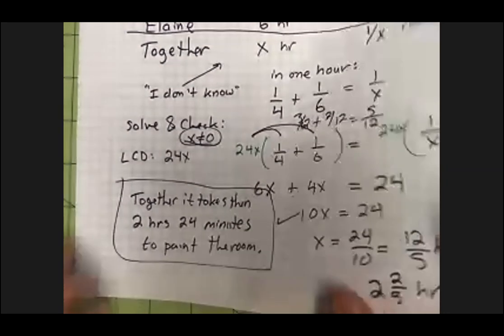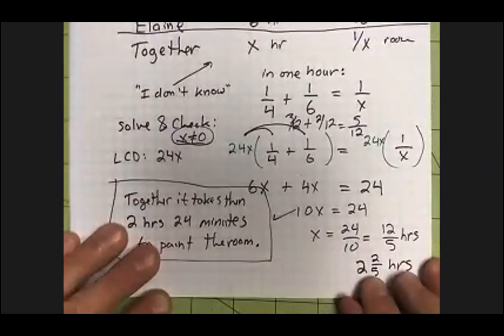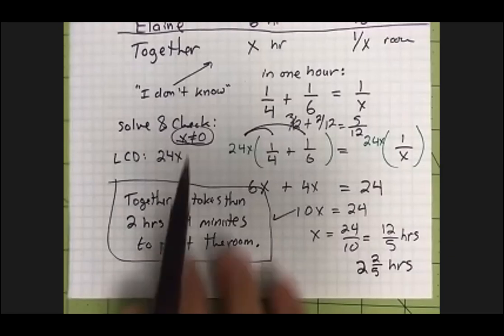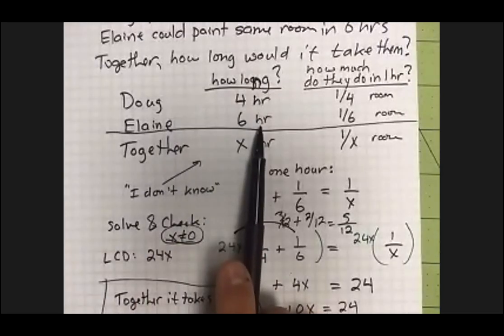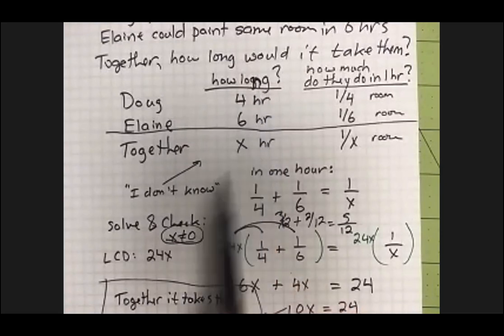Okay, good. Let me leave this up here for a second because I think we'll just cut it right here today. This is a famous problem. It's called a work problem. Think about a work problem like this. Make a table like you did the train problem. First, list how long it takes them to do the whole job.